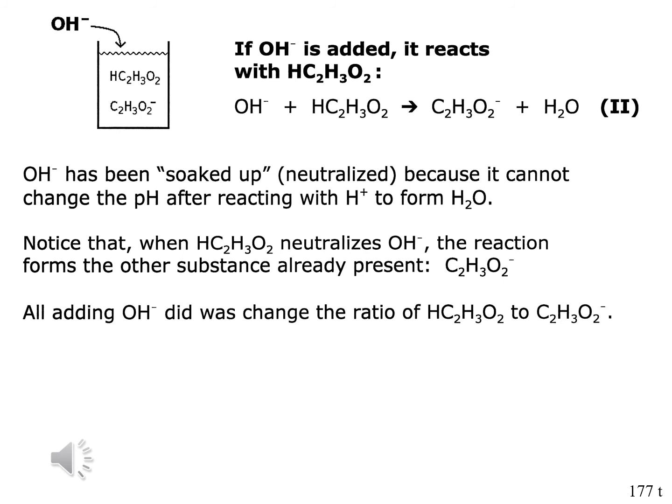And you also produced more of what was already there, which is acetate. So again, all you did was change the ratio. You took away a little bit of the acid when you pulled the H off, and you produced at the same time more of the acetate or base. So all you did was change the ratio of the weak acid to weak base.